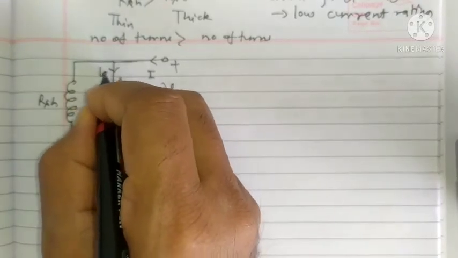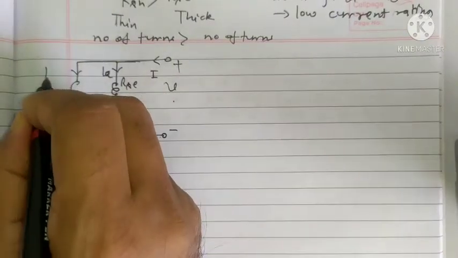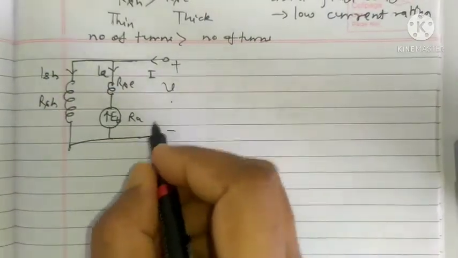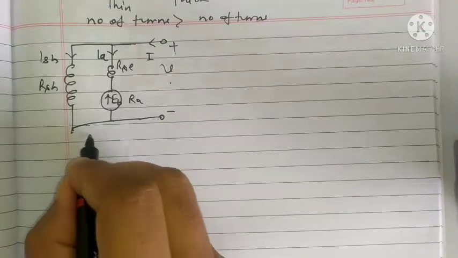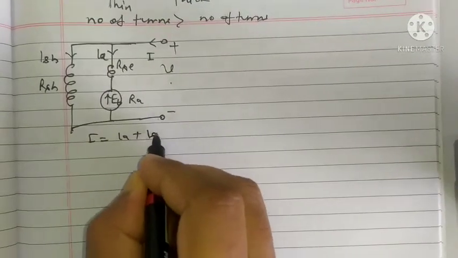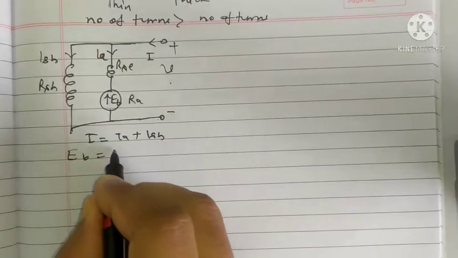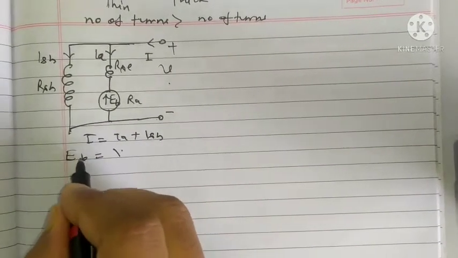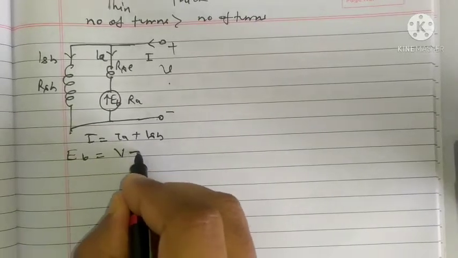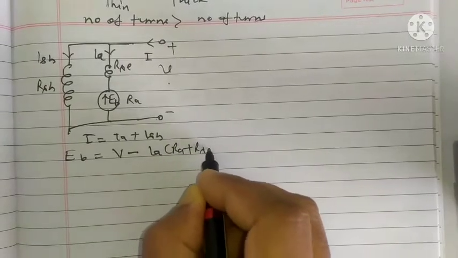It will be current IA, which is flowing in armature, and it will be ISH. So here we can write I equal to IA plus ISH, and EB can be written as V minus IA times RA plus RSC.